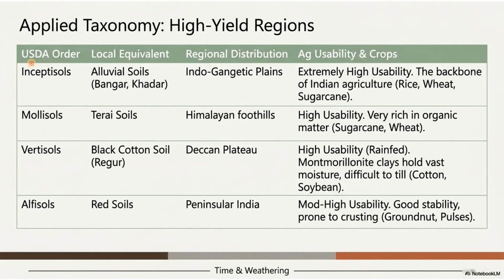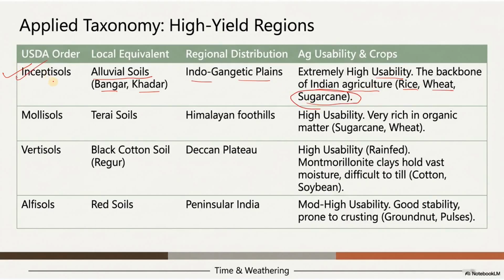Let's start with the Inceptisols. Inceptisols are also known as alluvial soils, the Bhangar and Khadar soils. They are found around the Indo-Gangetic plains, with extremely high usability for agriculture, the backbone of Indian agriculture. Rice, wheat and sugarcane are grown in this region.